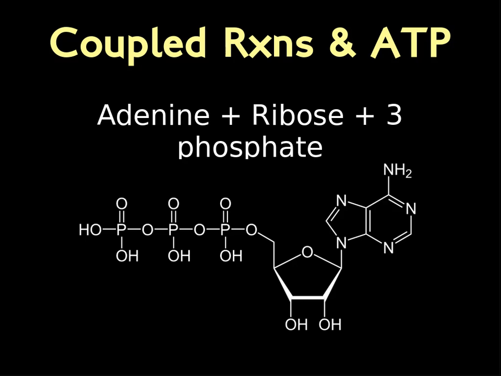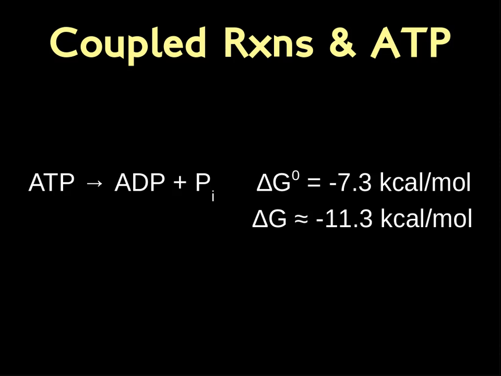And we can couple the hydrolysis of one of these phosphate groups, essentially cleaving that off, to another reaction. So chopping a phosphate off of ATP to make ADP plus a phosphate, you get a standard delta G, a delta G naught, of negative 7.3 kilocalories per mole.